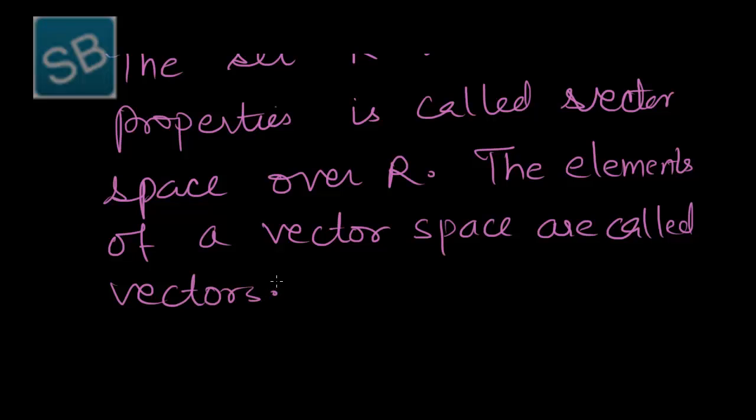So this was all about the vector space. How can we say the set of given vectors is a vector space? If that set contains the identity element, the additive inverse of each element, and satisfies all these properties, then this set is called a vector space over R.